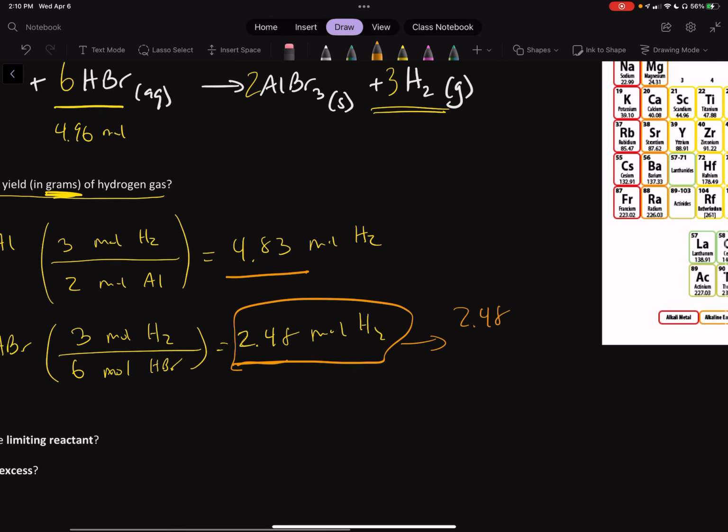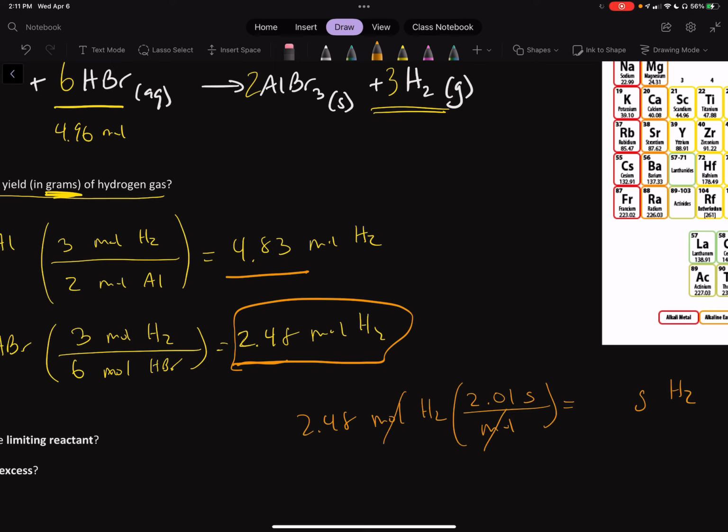So 2.48 moles of H2. If we want to convert it into grams of H2, we need to multiply by the molar mass, which is about 2.01 grams of H2 per mole.